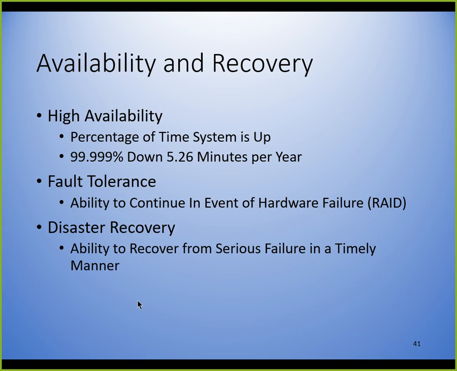The availability and recovery, and we hear these terms all the time, the 5 nines and the 4 nines and the 99 and 99.9 and all that other good stuff. But high availability, the 5 nines, 99.999% availability, and not down, but availability. The system can be down 5.26 minutes a year.